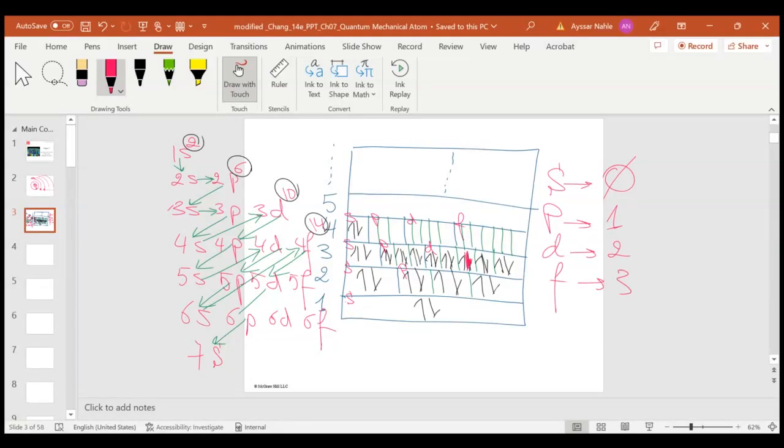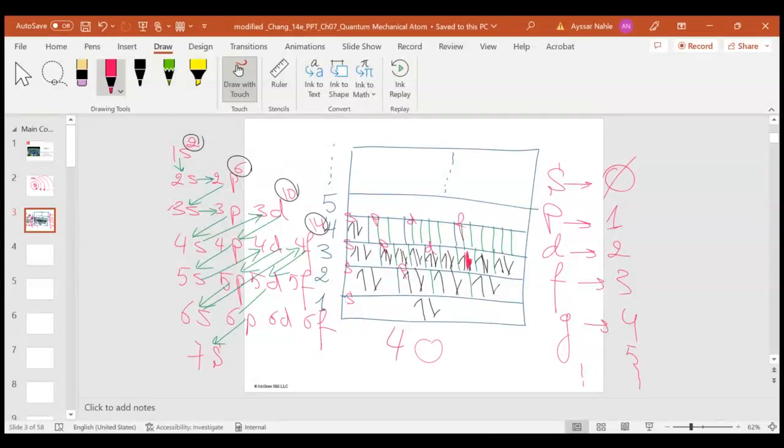F will be 3. G will be 4, and so on, 5, whatsoever. You understand? Now you go to the third floor, you don't see SPD, you see 0, 1, 2. Is it clear? Perfect.